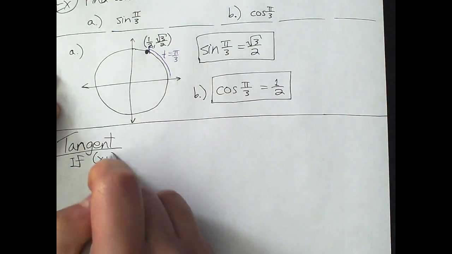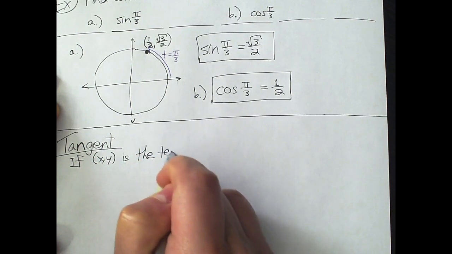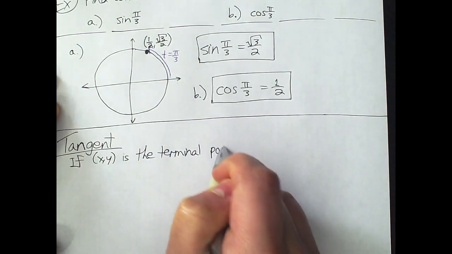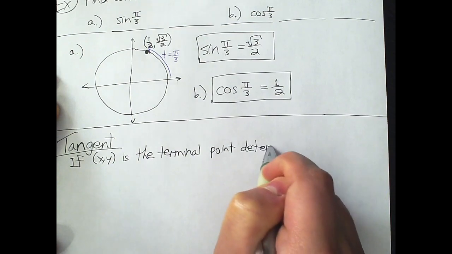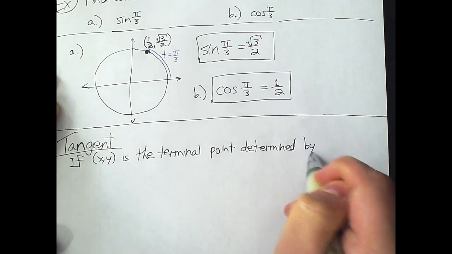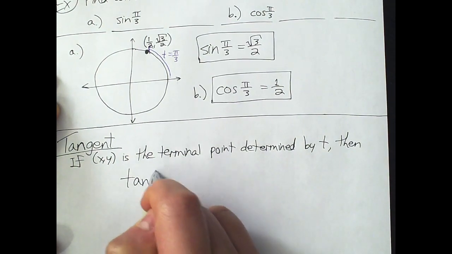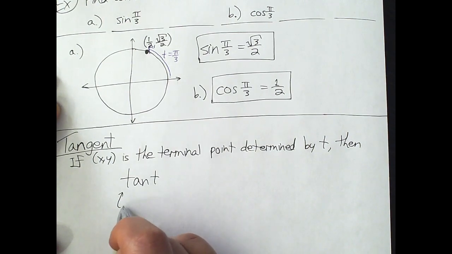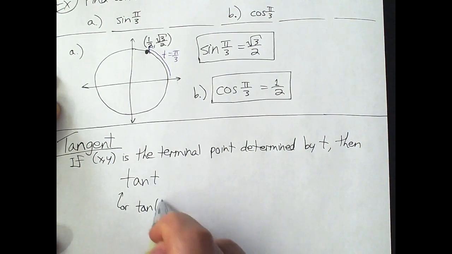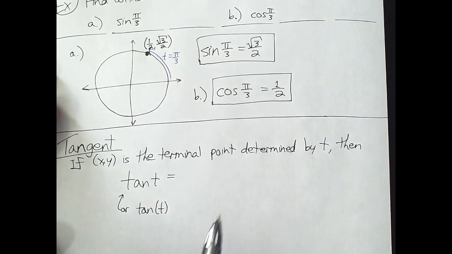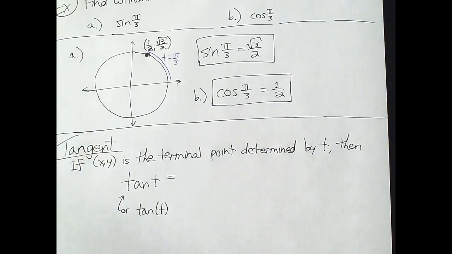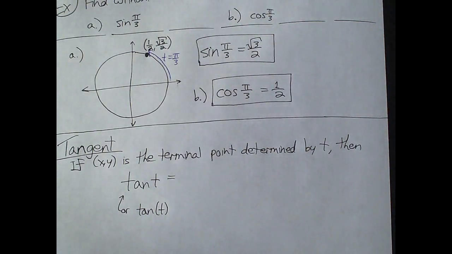So if x comma y is the terminal point determined by t, then tangent of t, which is abbreviated as tan t, or tan parentheses t, is defined to be, well, it can't just be x and it can't just be y, because we already have sine and cosine that take care of those cases, right?